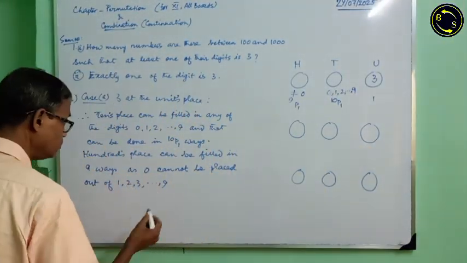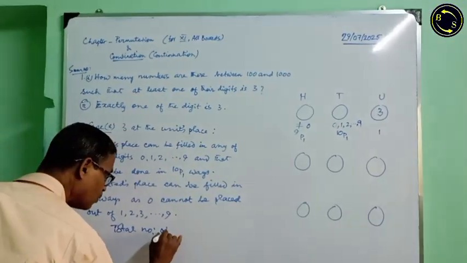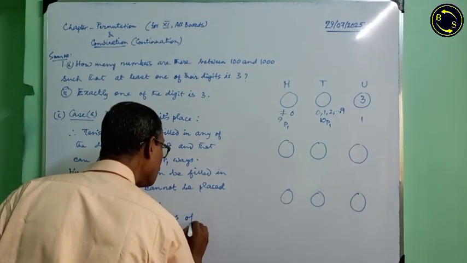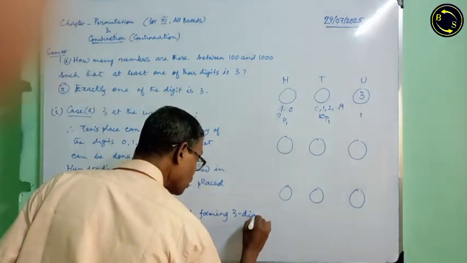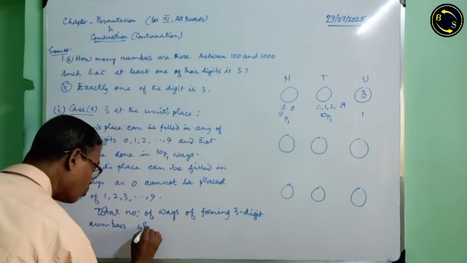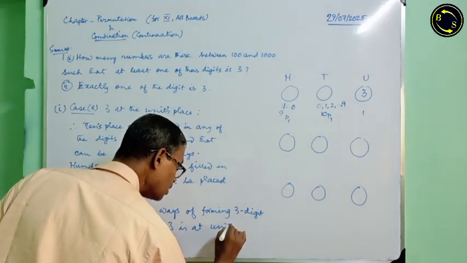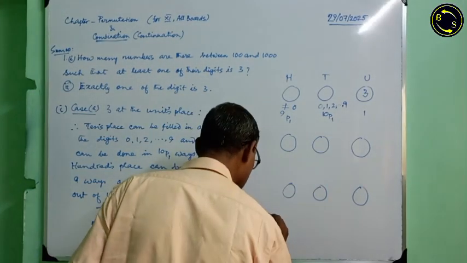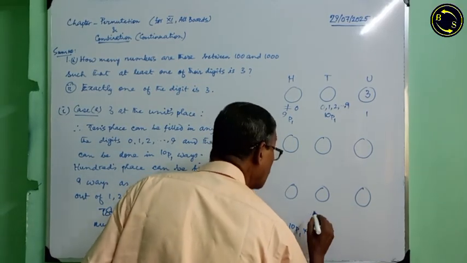Therefore, total number of ways of forming 3-digit numbers where 3 is at units place is equal to product of these, 9p1 into 10p1 into 1.